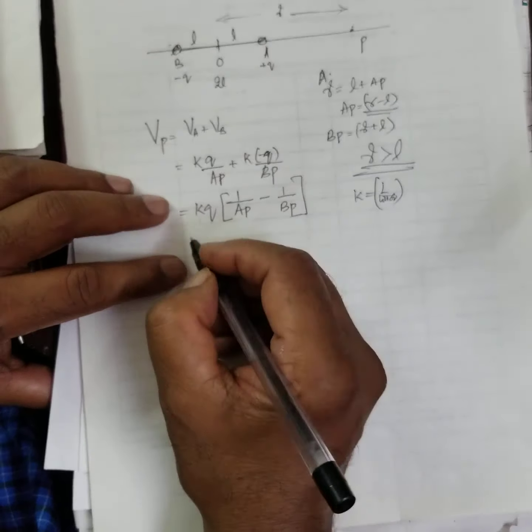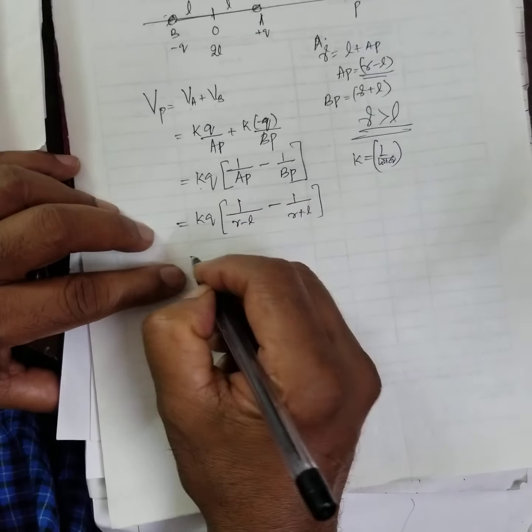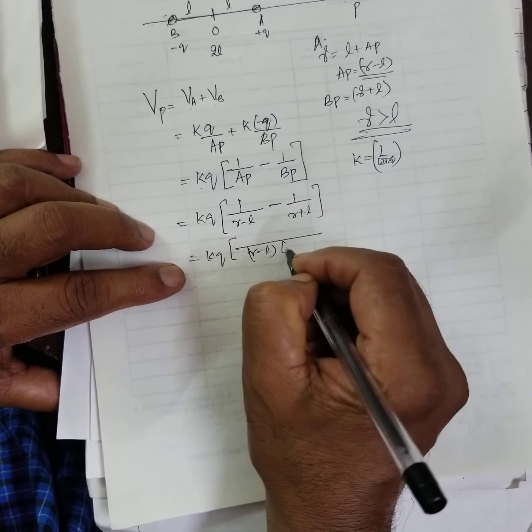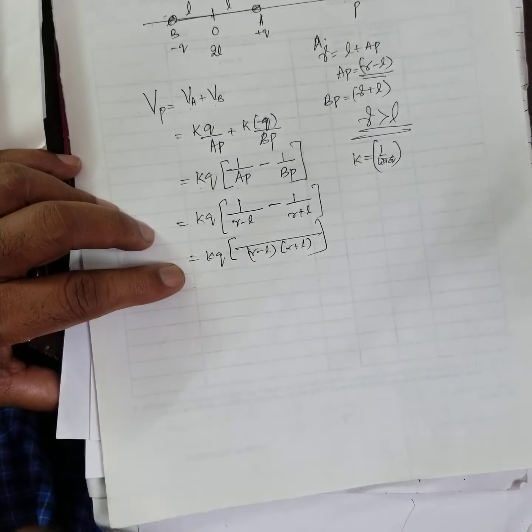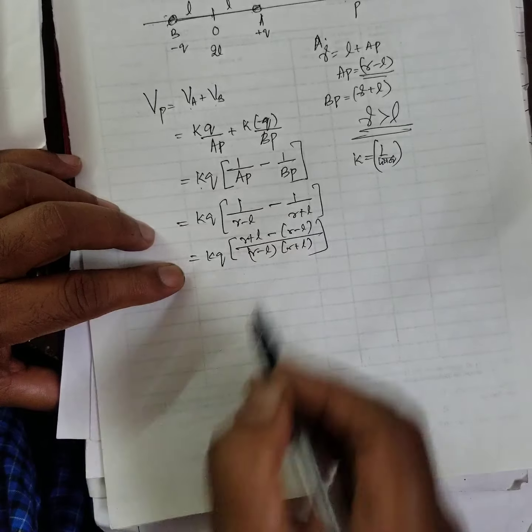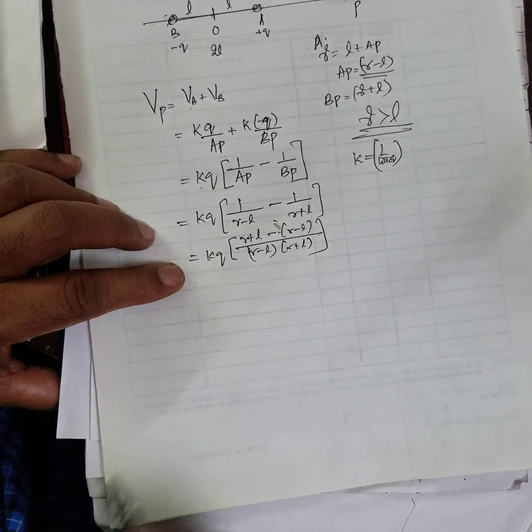KQ, 1 by AP is 1 by R minus L, minus 1 by BP which is R plus L. Then KQ times R plus L minus R minus L, over R minus L and R plus L. You have to be very careful with this sign.